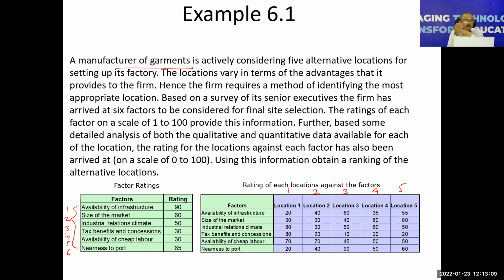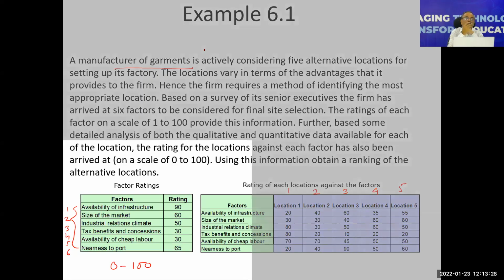Now you have to create a rating system. You can decide how much weightage you will give to a particular factor. Let's say you use a scale of 0 to 100, and based on this scale you have to give a rating for each factor.